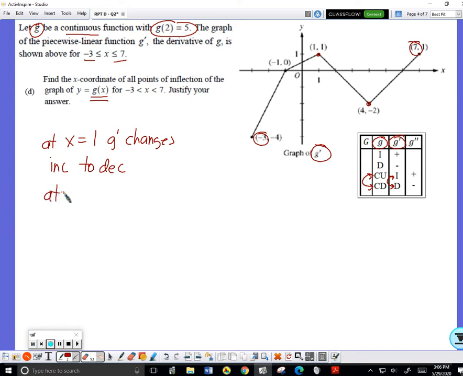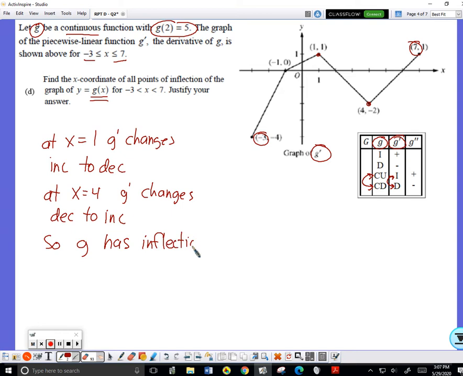At x equals 4, g prime changes from decreasing to increasing. So g, not g prime, has inflection points at x equals 1 and x equals 4.